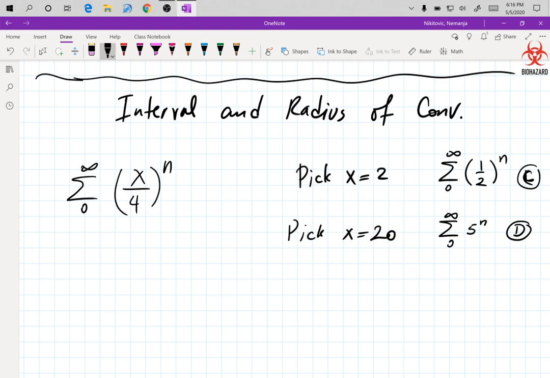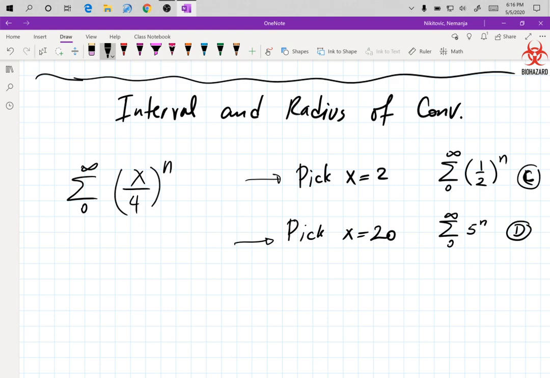So we have to be careful, and we would like to calculate the interval of convergence, meaning we want to find the x values, all of the x values for which the power series would converge, and then outside of that interval of convergence are obviously all x's that would make it diverge. So see over here, obviously x equals 2 is inside the interval of convergence because it converges when x is 2, but 20 is outside of it, right?